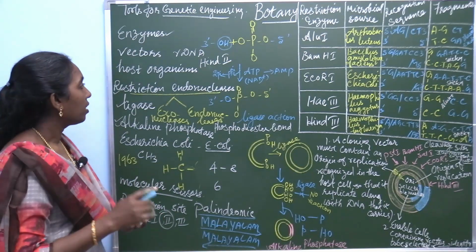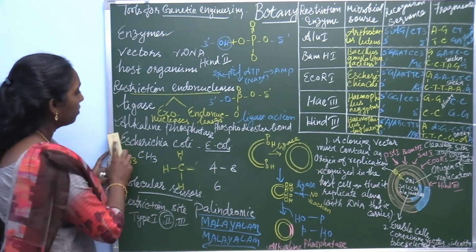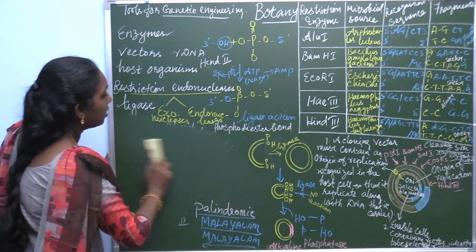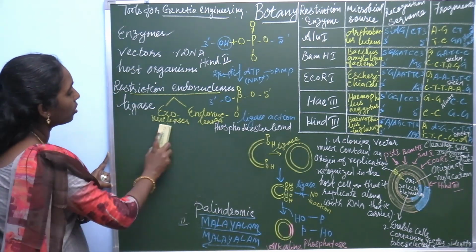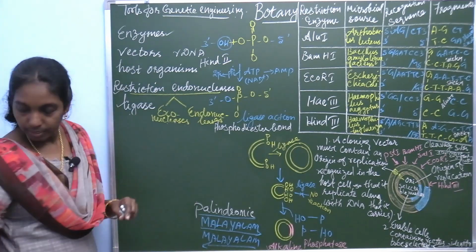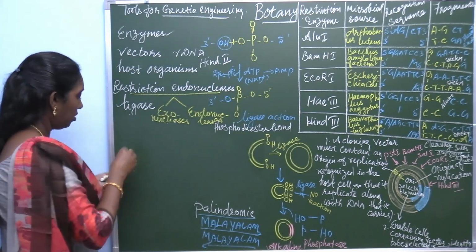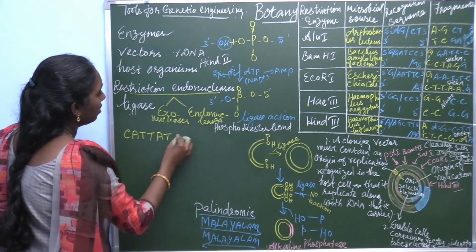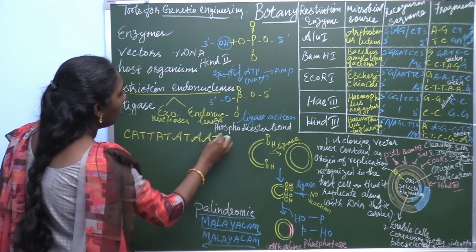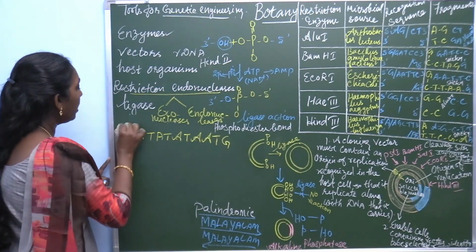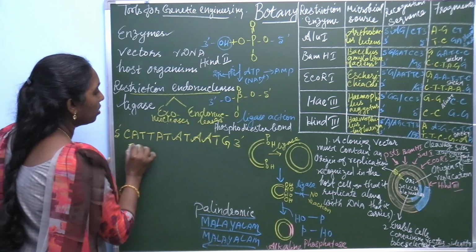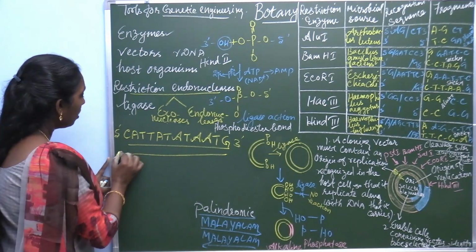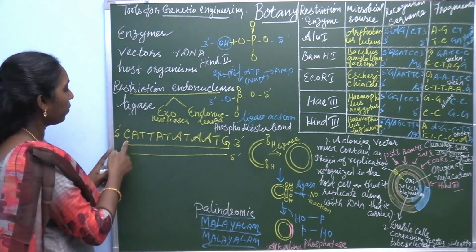For example, there is a DNA sequence, and you can remember it as cat, tat, at, ot, g, from the 5' to 3' direction. This is one strand, and the complementary pair is in the 3' to 5' direction.